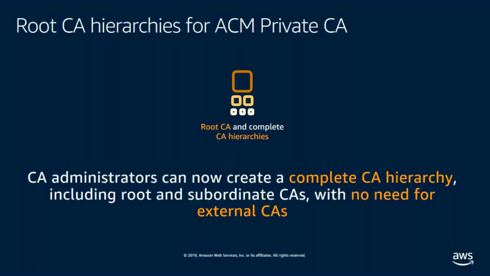And a CA hierarchy essentially provides strong security and restrictive access controls for the most trusted root CA at the top of the trust chain, while allowing more permissive access and bulk certificate issuance for subordinate CAs lower in the chain. You can create and secure a highly available CA infrastructure without building and maintaining your own on-premises CA infrastructure.